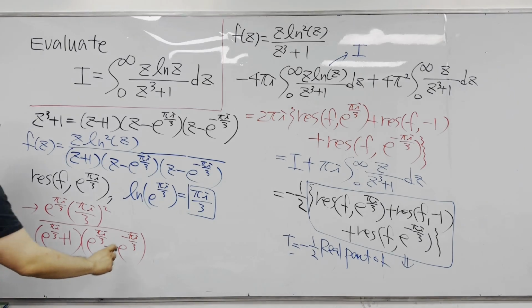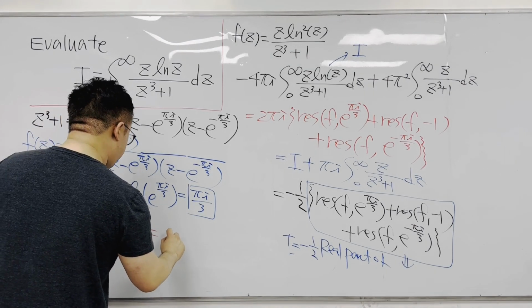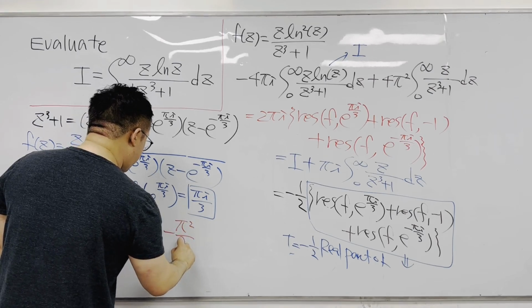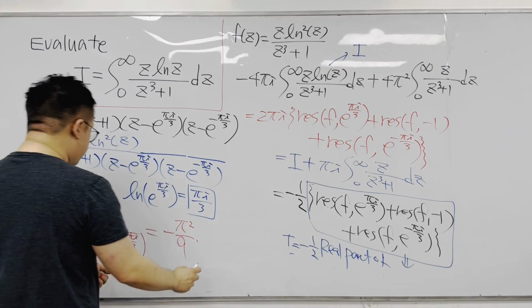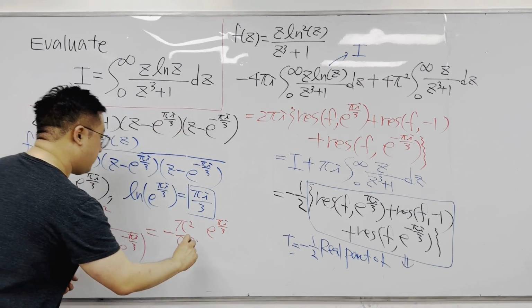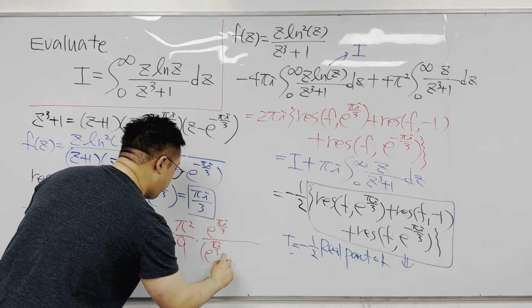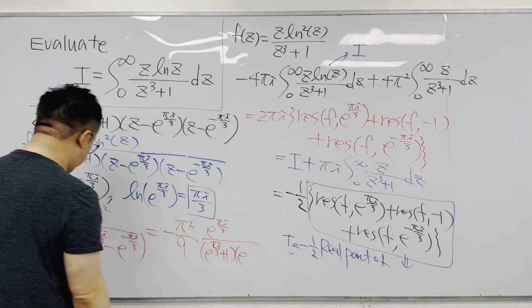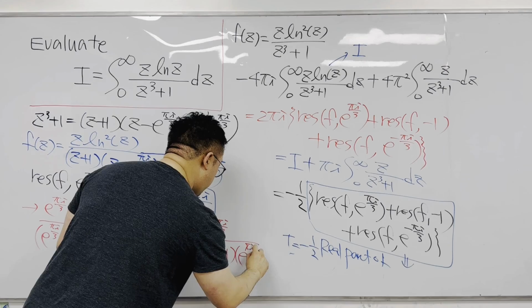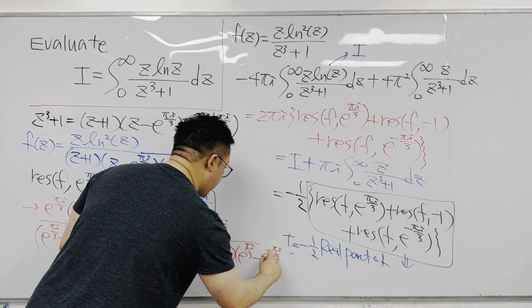Okay, so if you calculate this, it's the same thing as negative pi squared over 9 times the rest of it, which is e to the power of pi i over 3 divided by e to the power of pi i over 3 plus 1 times e to the power of pi i over 3 minus e to the power of negative pi i over 3.